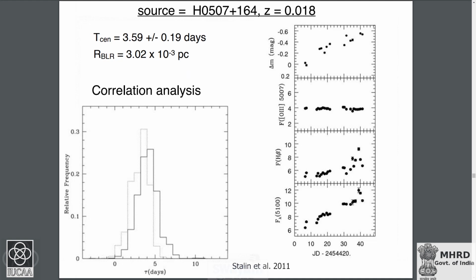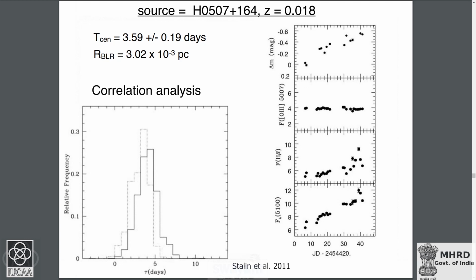What is shown on the top right are 4 light curves. The first panel from the bottom is the radiation coming from the continuum, and the second panel from the bottom is the radiation coming from the line. These two time series can be compared using techniques called correlation analysis, where we correlate one time series with respect to the other.